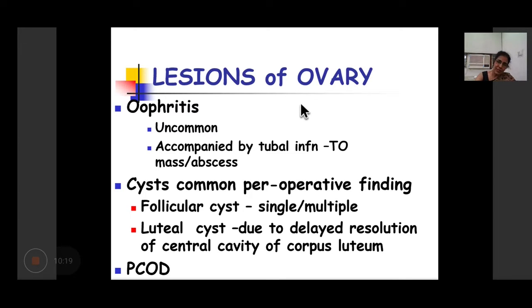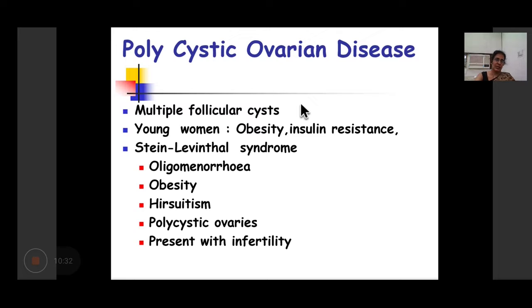The other condition in which you can have multiple cysts is commonly known as polycystic ovarian disease or polycystic ovarian syndrome, commonly abbreviated as PCOD or PCOS. So what is polycystic ovarian disease? It is characterized by multiple cystic follicles. They are nothing but follicular cysts which have become large, and many of them are seen simultaneously. Why are they seen simultaneously?